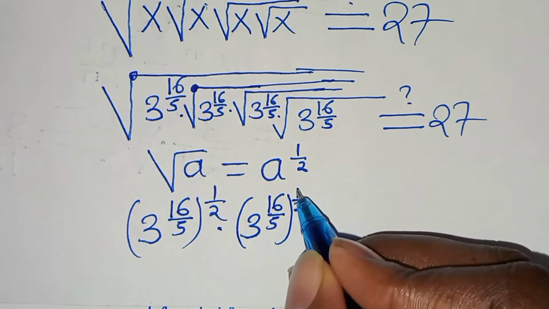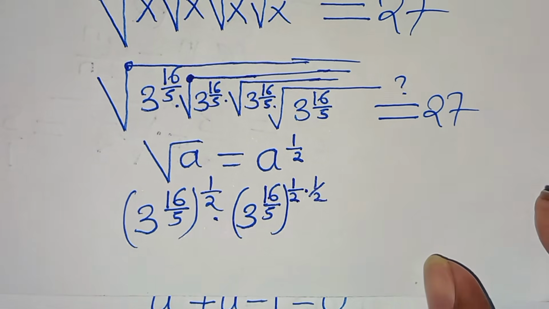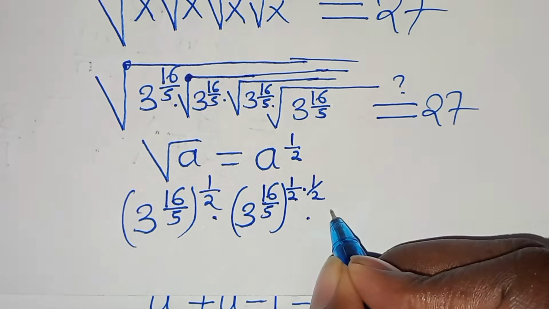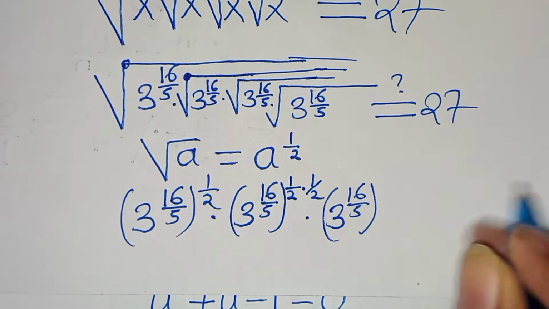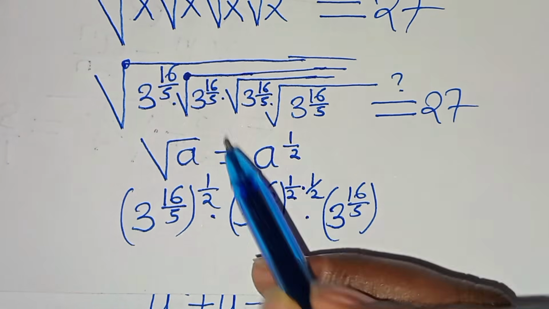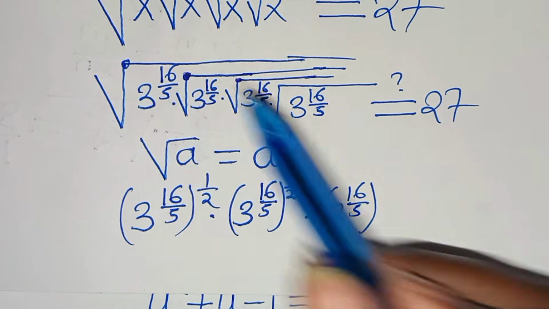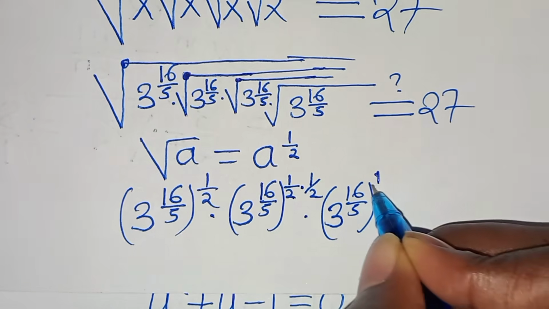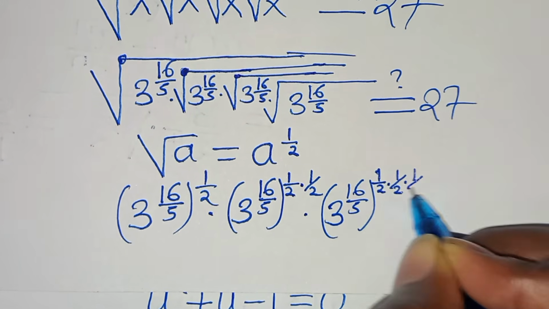So we have this to the power of a half times a half, then multiplying by 3 to the power of 16 over 5 raised to the power of, now we have 3 square roots here. We have 1, this is the second, and this is the third. So we'll have a half times a half times a half.